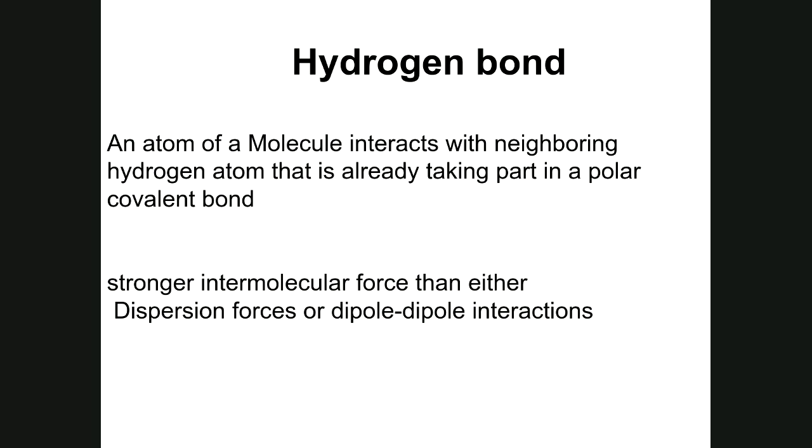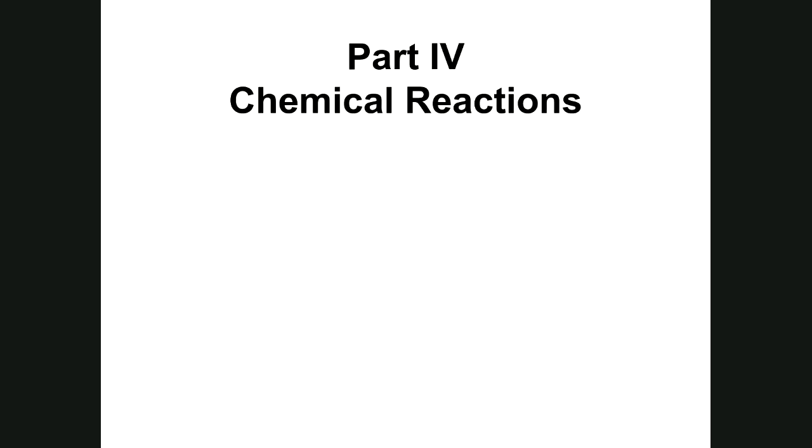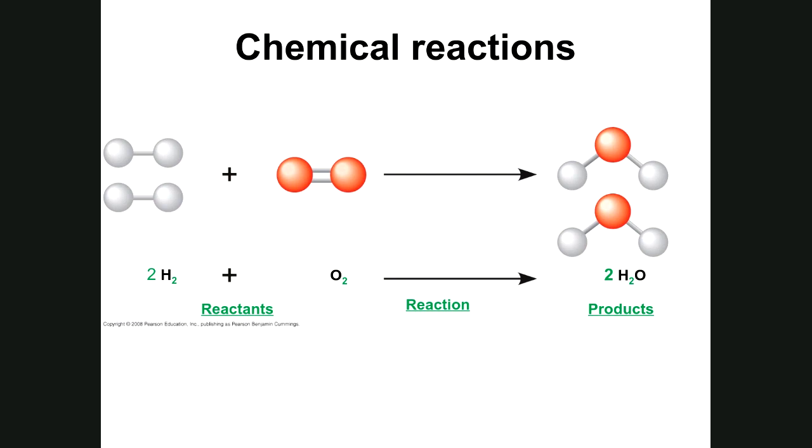So let's talk about chemical reactions. All the metabolic reactions that happen inside of our body are chemical reactions, and chemical reactions start with a reactant and end up with a product. And it has to be stable.